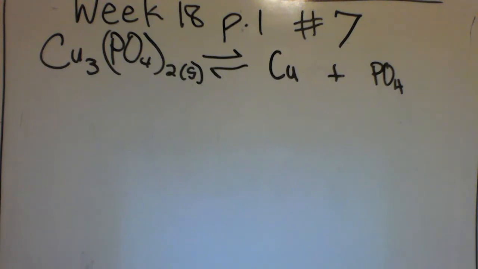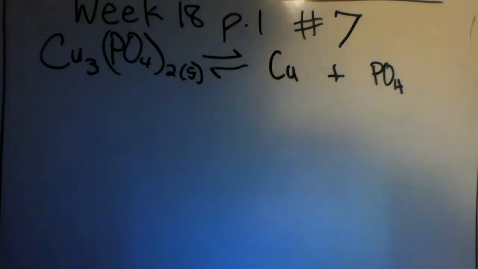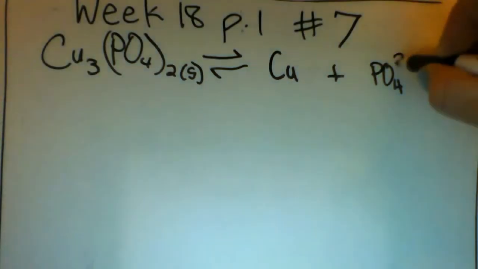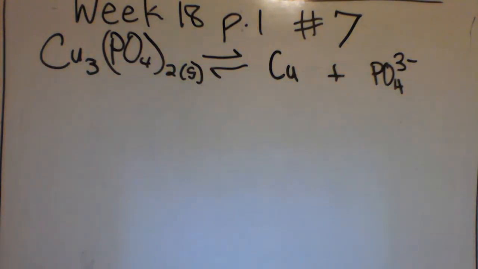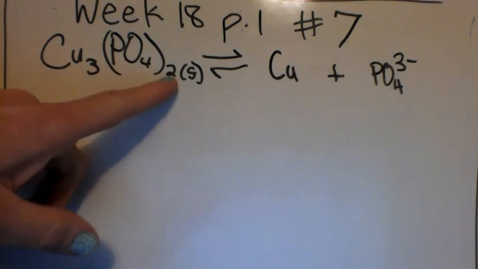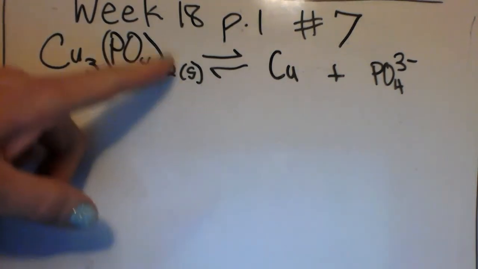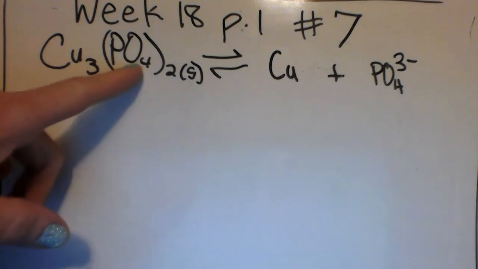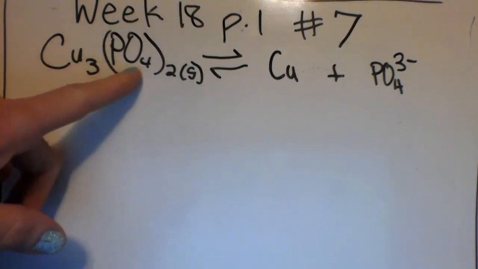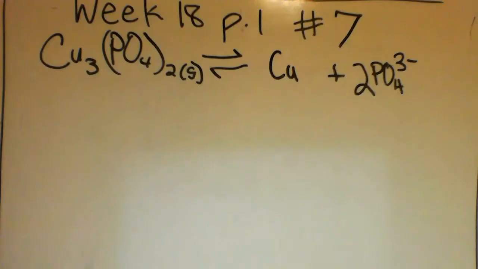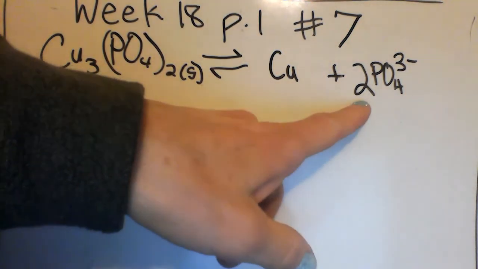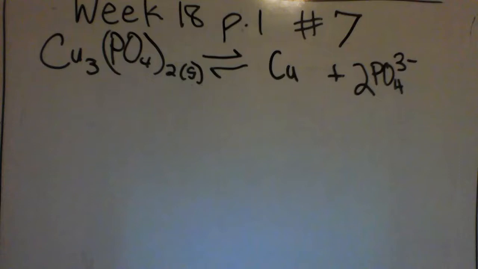You can look up in your book and find out that phosphate has a charge of 3 negative. We know from this subscript that there are 2 polyatomic ions here. So we'll add a coefficient of 2 to show that there are 2 phosphate ions.